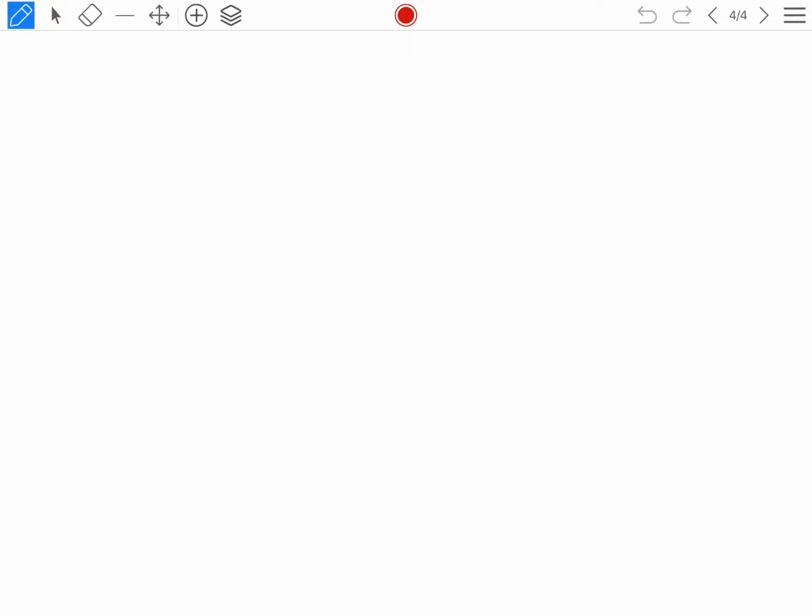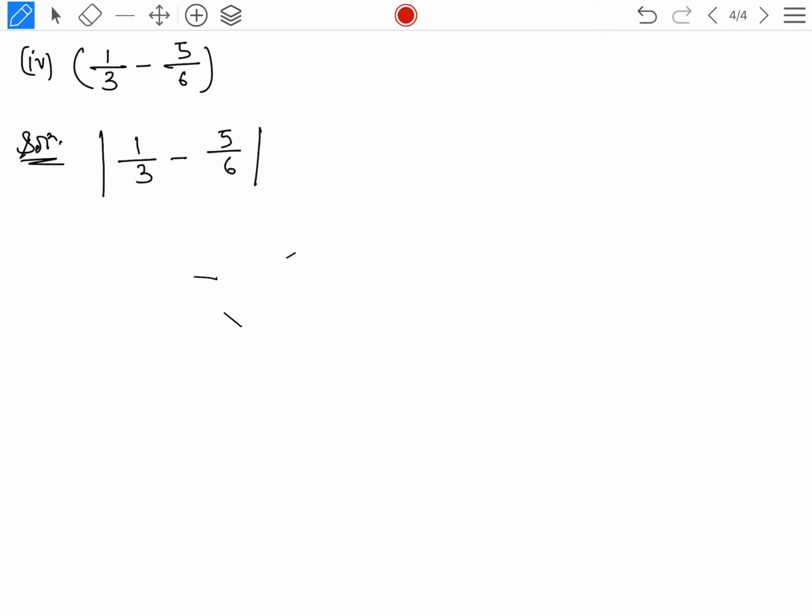So take another question. Find the absolute value of 1 by 3 minus 5 by 6. Okay, solution. Write between the symbols the absolute value of 1 by 3 minus 5 by 6.